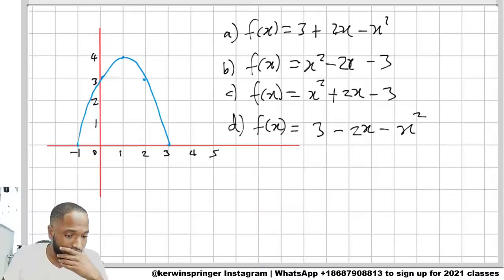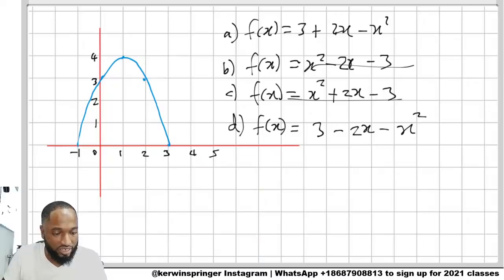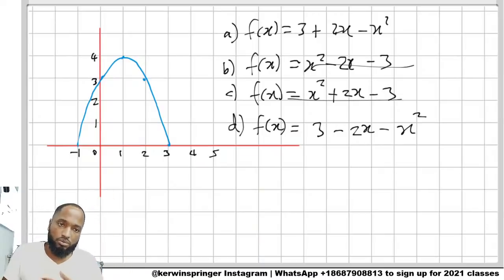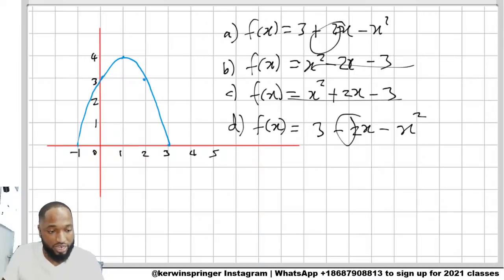So what graph does this look like? Obviously it's not this and it's not that, because the maximum point cuts the x-axis at 3. How are we going to know what the correct graph is? Because this one is plus and this one is negative.